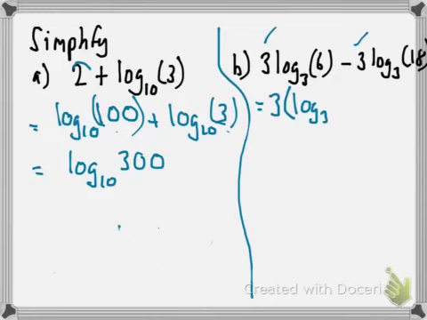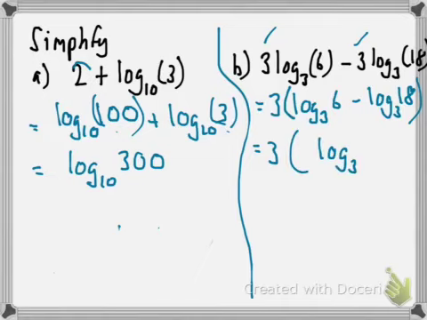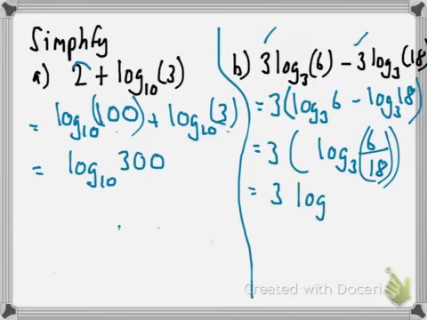Log 6 to the base 3, I'll just drop the brackets for the moment, and log 18 to the base 3. So I've taken out a common factor. Then, inside that bracket, I'm going to apply the rule that says if I'm subtracting, I can divide, like so. Now it just so happens that 6 on 18 is 1/3.